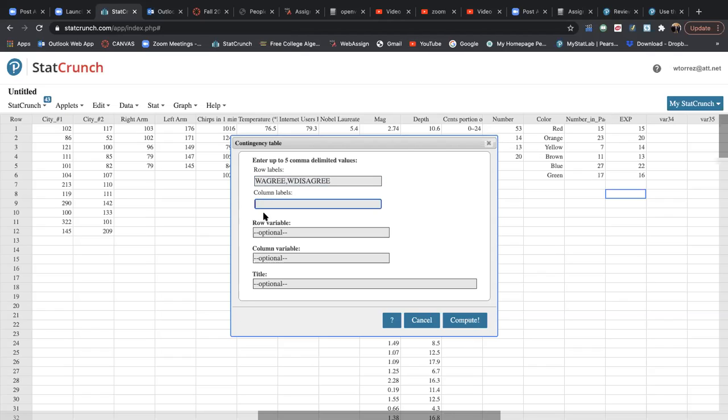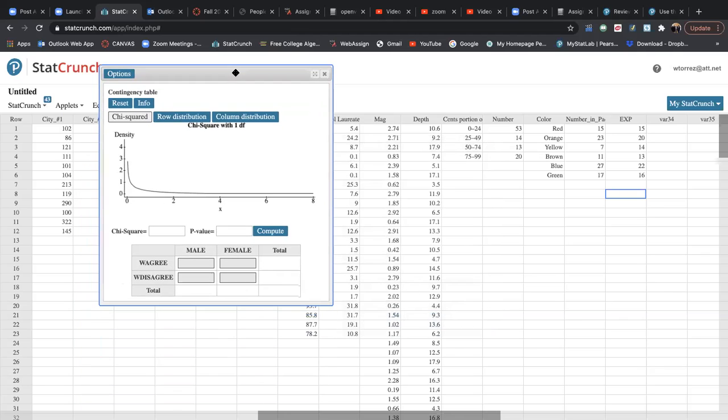And then we'll label the two columns simply the interviewer gender, male and female. Okay, and now we'll compute and we'll fill in our table with the data given to us in the exercise.